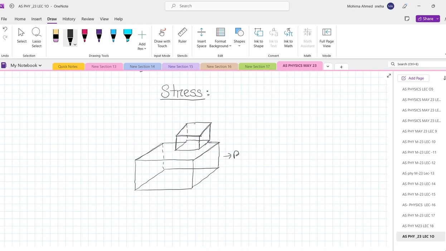So we're going to label this as cube B and this as cube A.